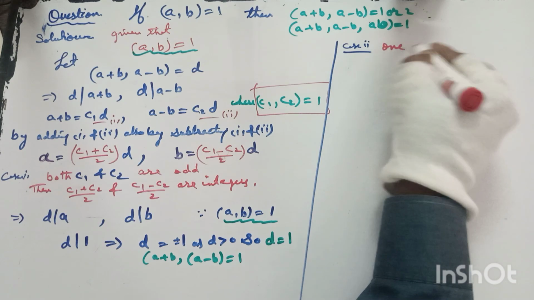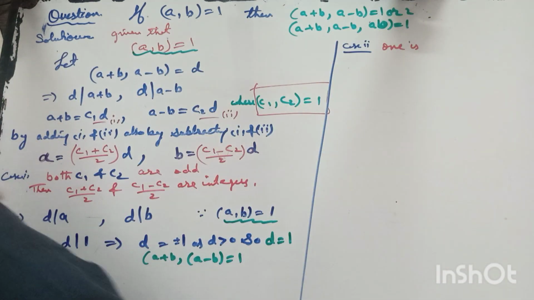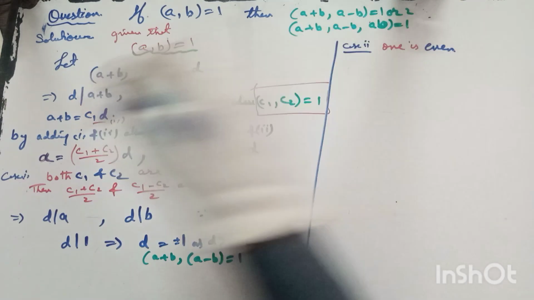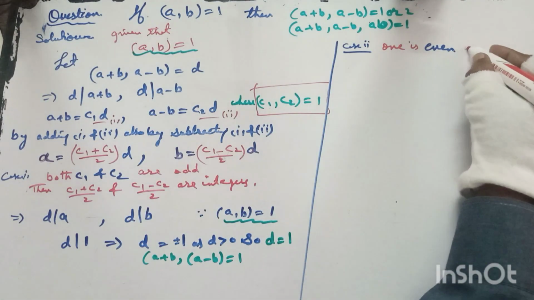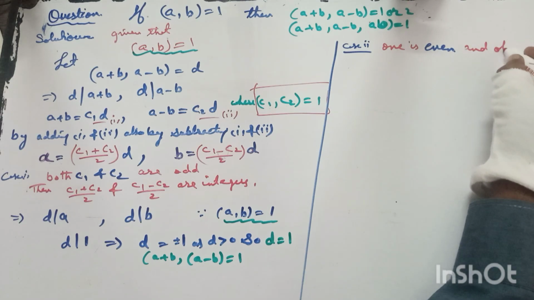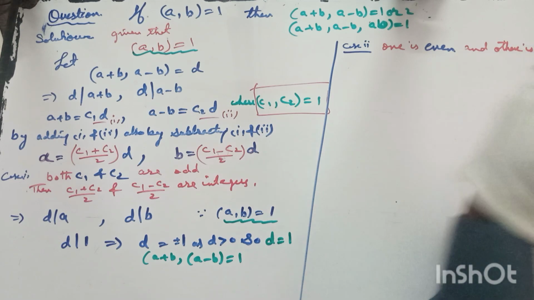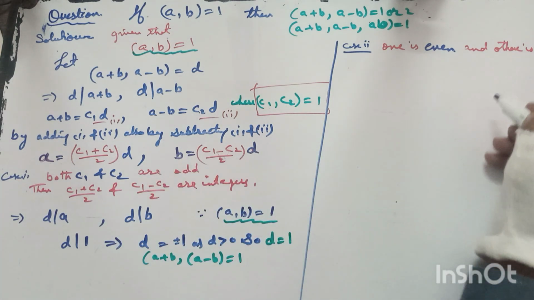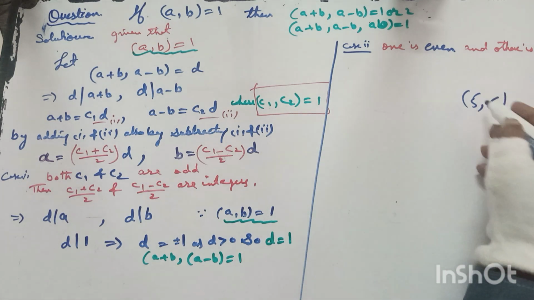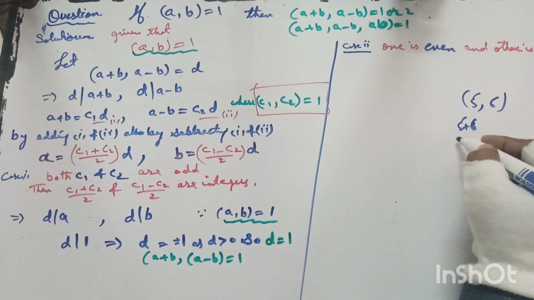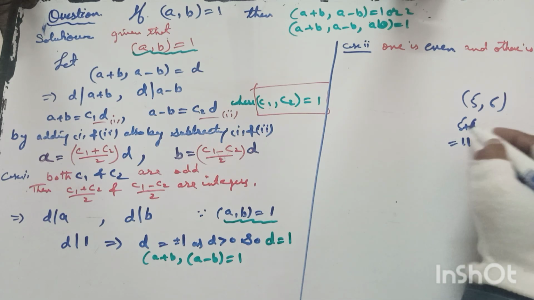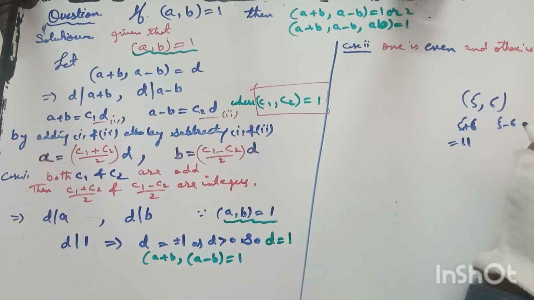Case second. What is case second? One is even and the other is odd. For example 5 and 6, one is even and the other is odd, then their addition and difference must be odd numbers.